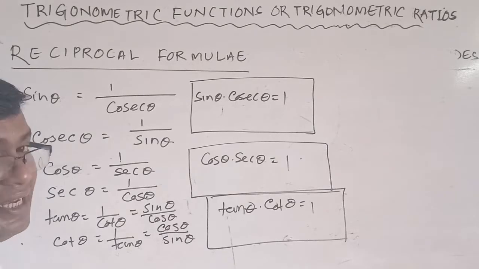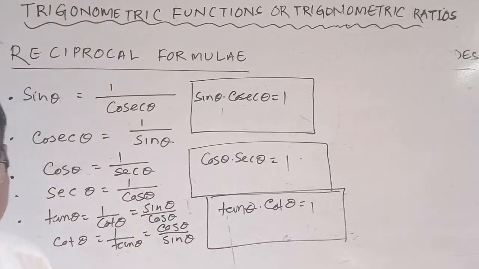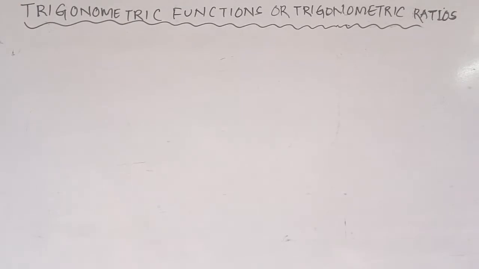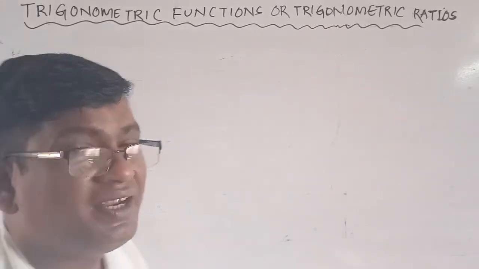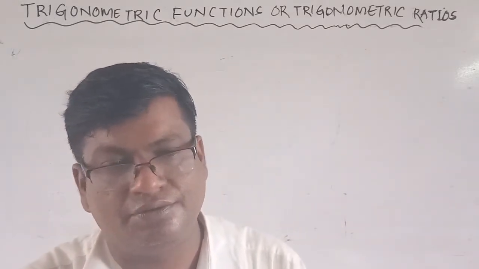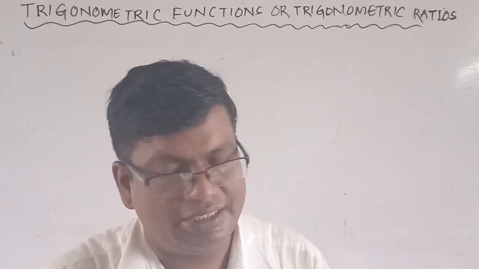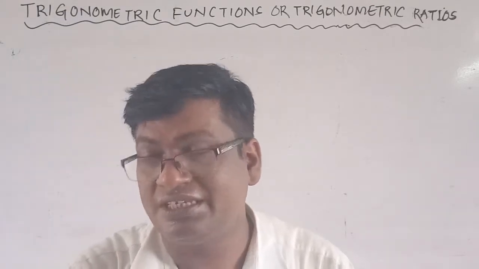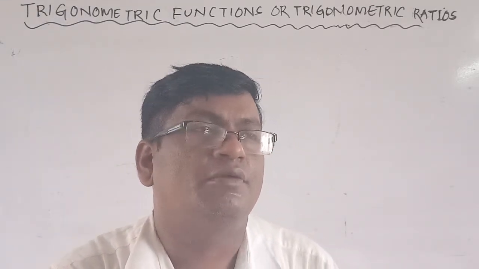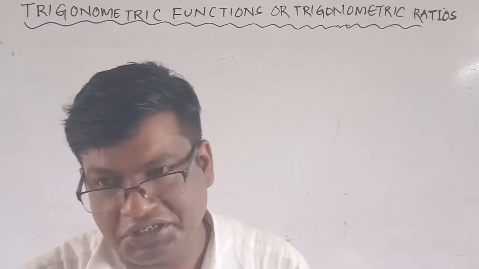Now trigonometric identities. What do you mean by identities? Identity means it is an expression which satisfies for all values. What is an equation?